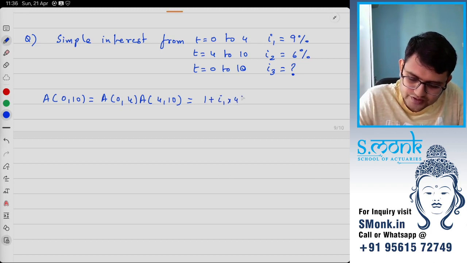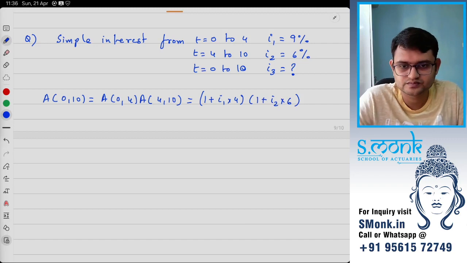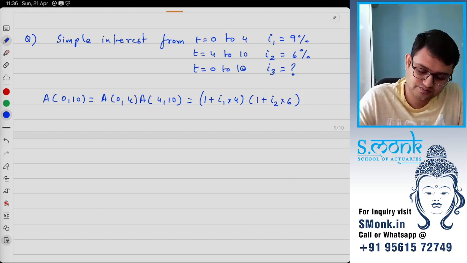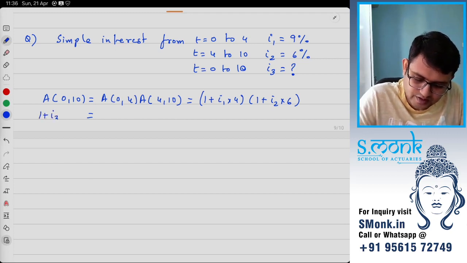We'll have 4 years. Then 1 plus I2 into number of years. In this case, it is 6. This would be 1 plus I3 into 10.